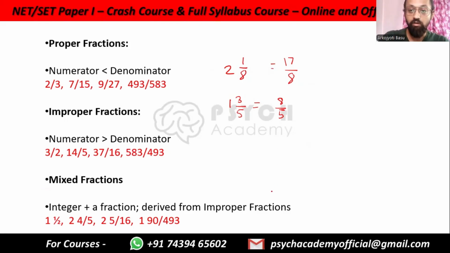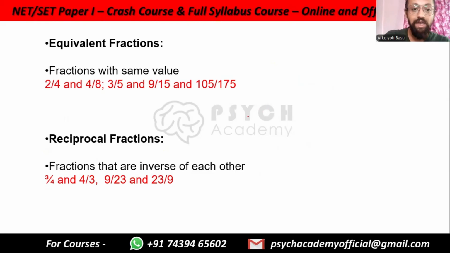So let's try some sums on equivalent fractions. Equivalent means the fractions mean the same thing. For example, 3 by 5. We cannot divide it any further. 3 and 5 have no common factors. Let's take 9 by 15. If we divide both of them by 3, we get 3 by 5, which is equal to 3 by 5.